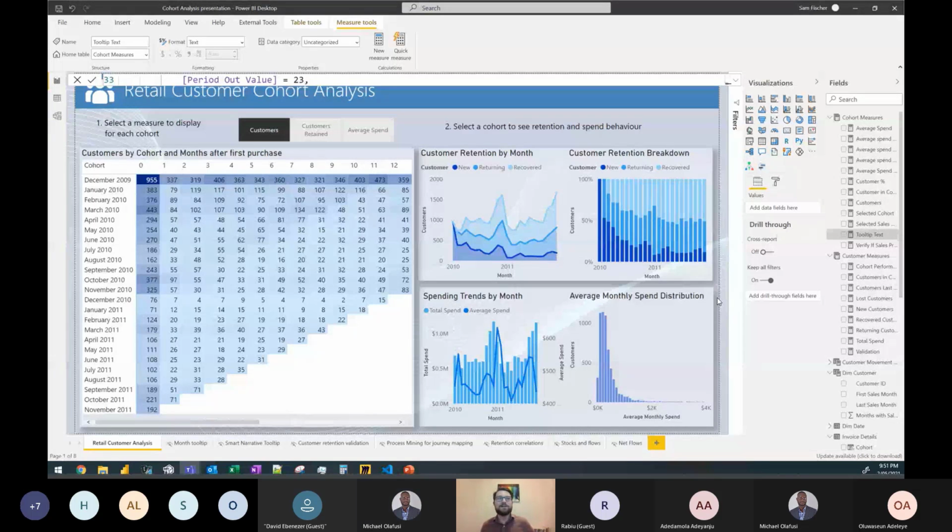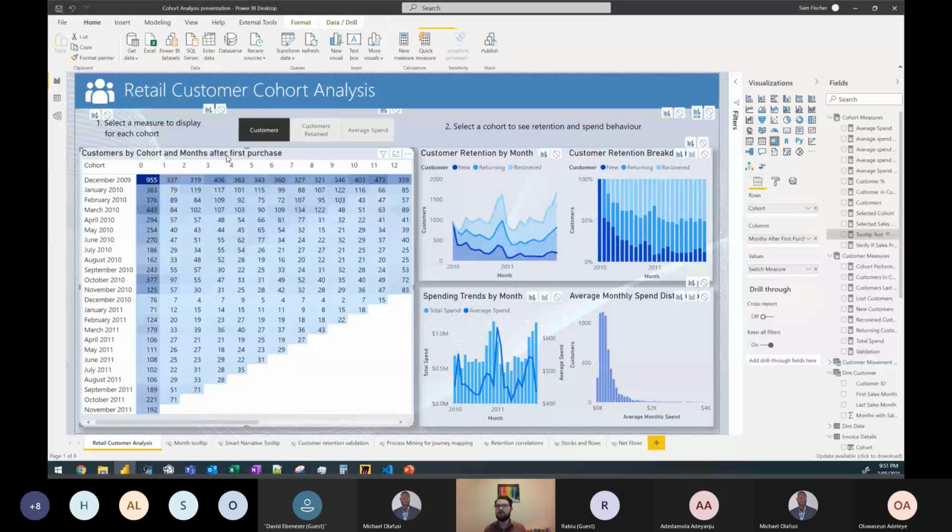I think the way that I set this up, I assume we're talking about the Smart Narrative Tooltip. So I've actually set up a custom tooltip page. For those who don't know how to set that up, you would define a new page here, and whenever you start up a new page, you can go to the format pane and tell Power BI that you want to use this page as a custom tooltip.